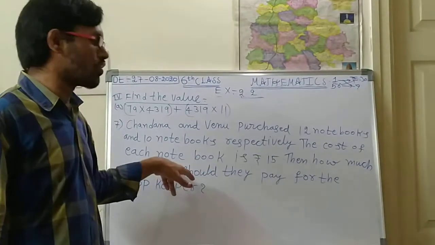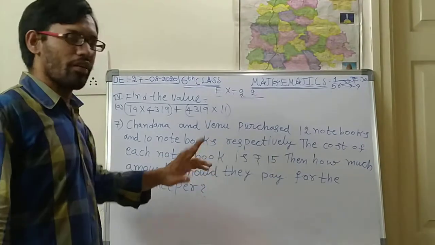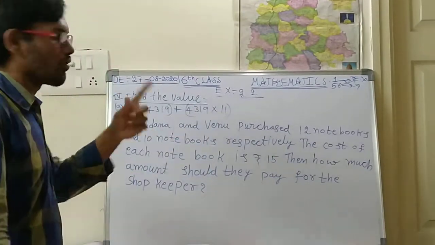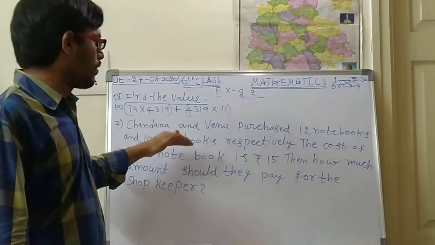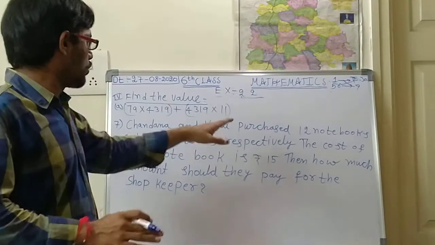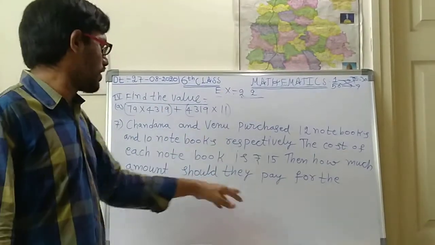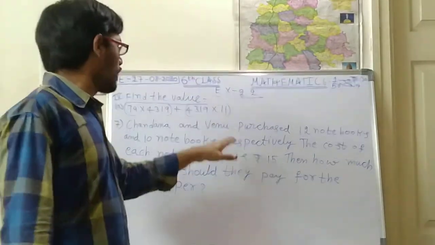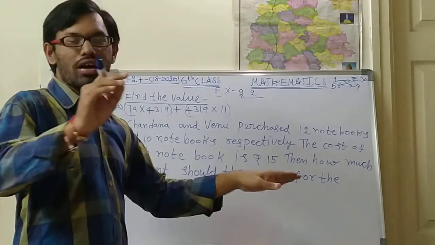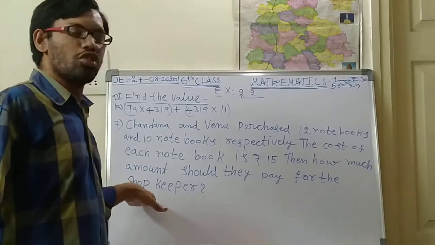So the total amount: how much amount should they pay? You add these two. By adding, you will get one property. Arrange the property and try to solve the problem. And at last you should write 'Therefore, Chandana and Venu should pay so and so amount to the shopkeeper.'